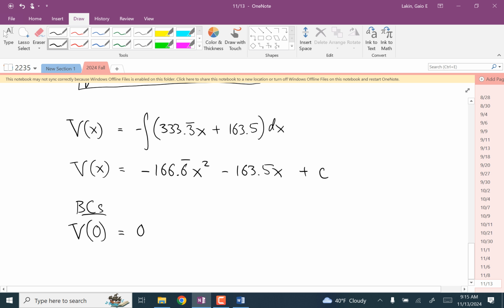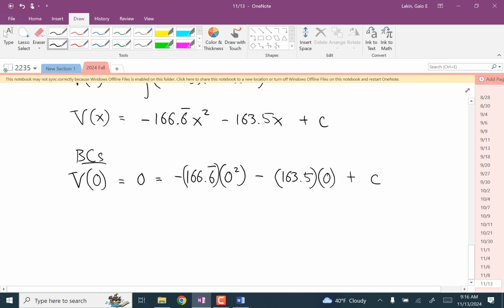Because of rule number 3, exactly. So there's no vertical point forces at that endpoint, so we know that this shear force is 0 there. And this is equal to negative 166.6 repeating times 0 squared. We're just plugging 0 in for x. Minus 163.5 times 0 plus c. And so this says c is equal to 0.